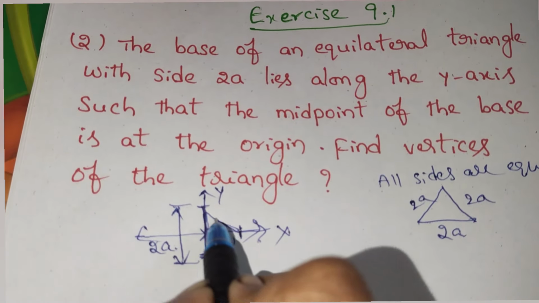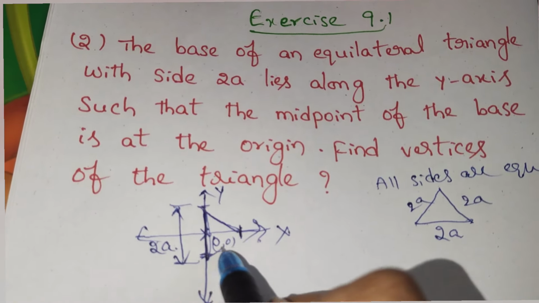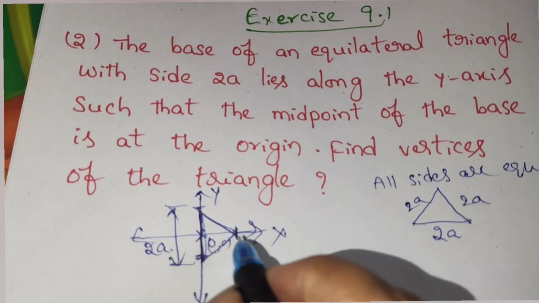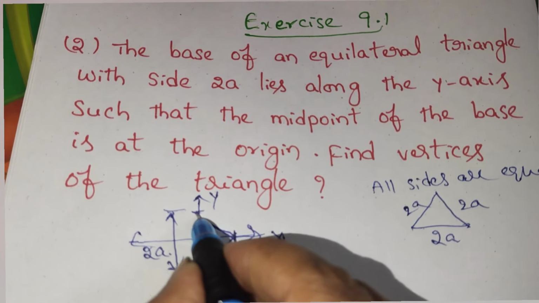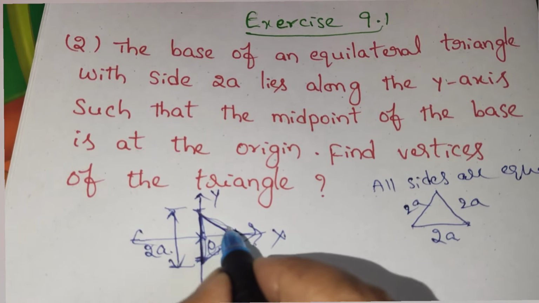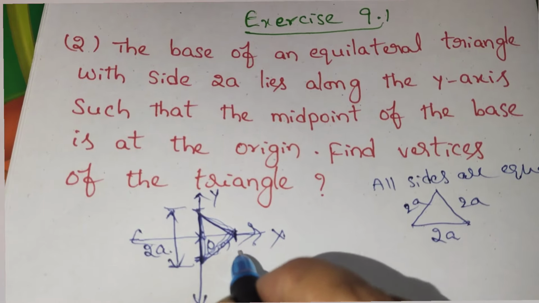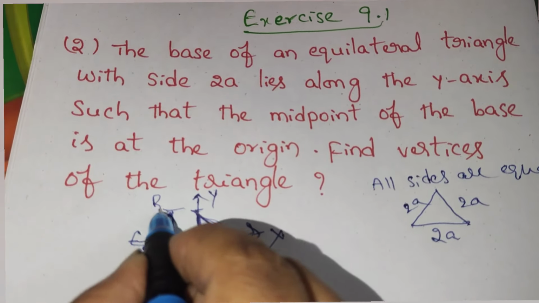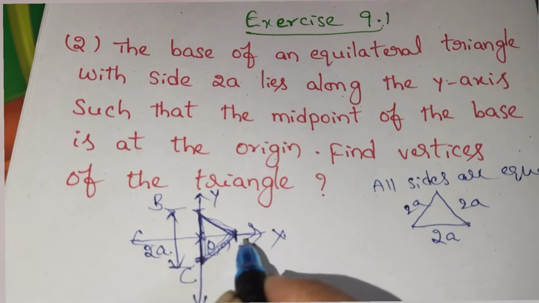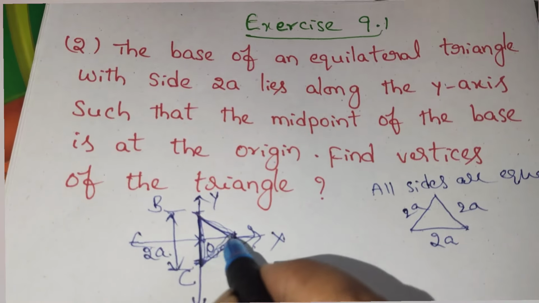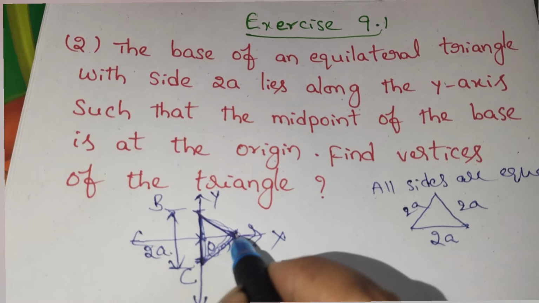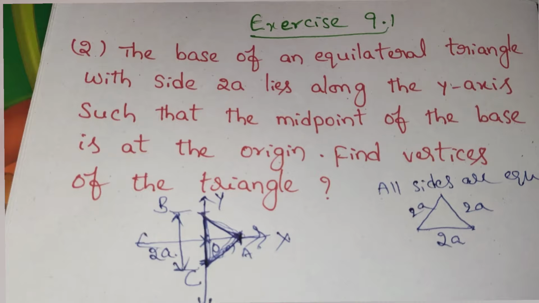So I'll join these points, and we got one equilateral triangle on this plane. We consider these points A, B, and C. So 3 vertices we get here.